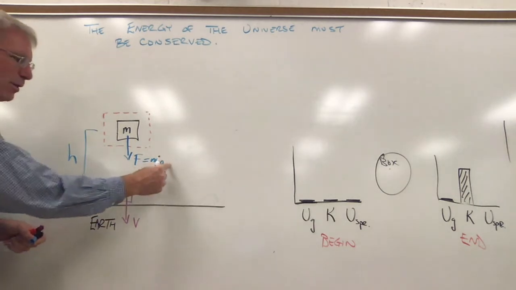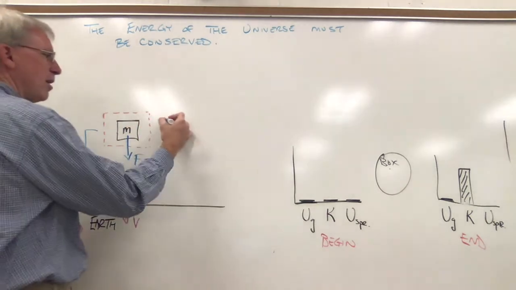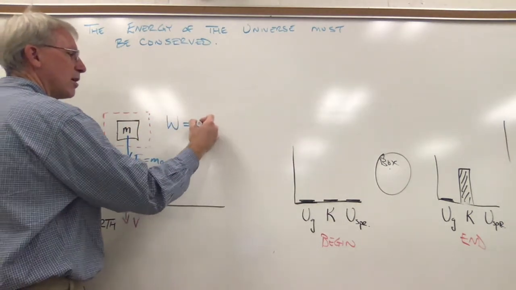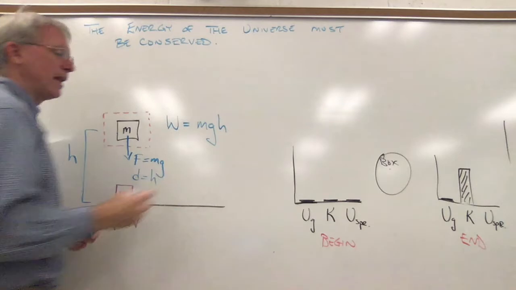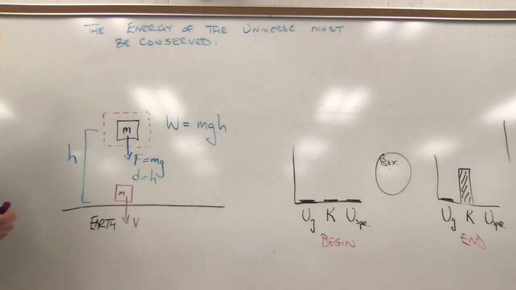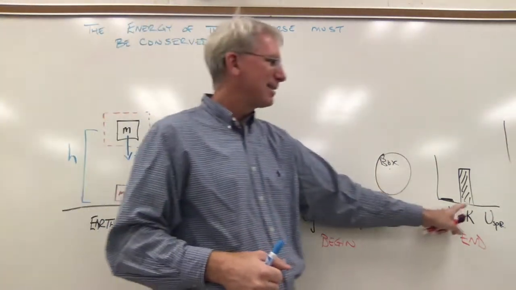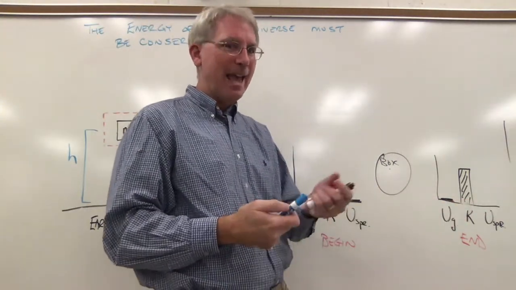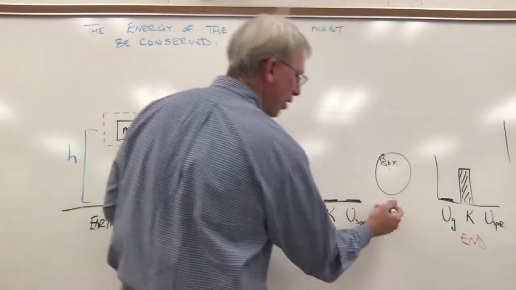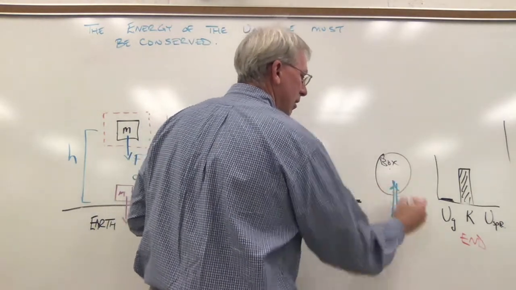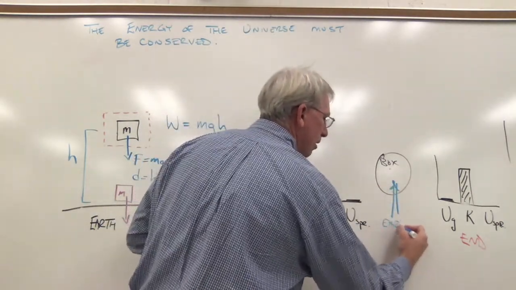So now I've got a force and a distance, so the Earth is doing work, and the work is equal to the mass times the gravity times the height. So the reason that my object has kinetic energy at the end there is because the Earth is doing work.